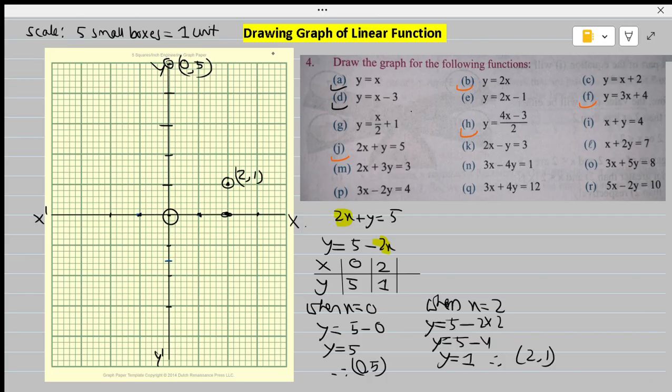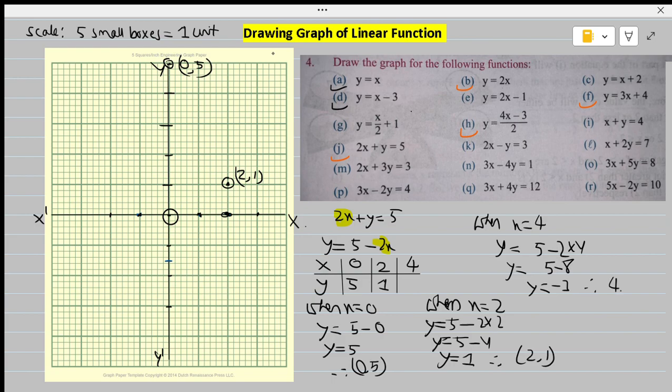And after that, take another point. We keep x as 4. If we give x as 4, let's see what we get. y equals 5 minus 2x, so 5 minus 2 into 4, so y equals 5 minus 8, which gives y equal to minus 3.